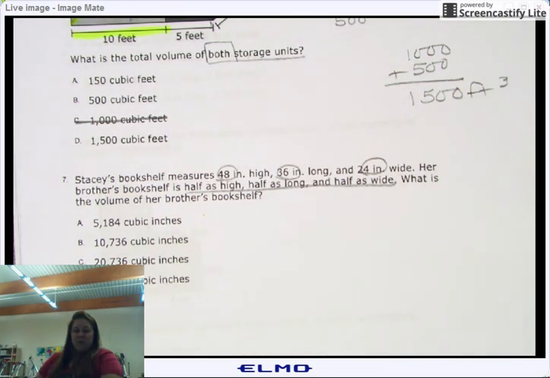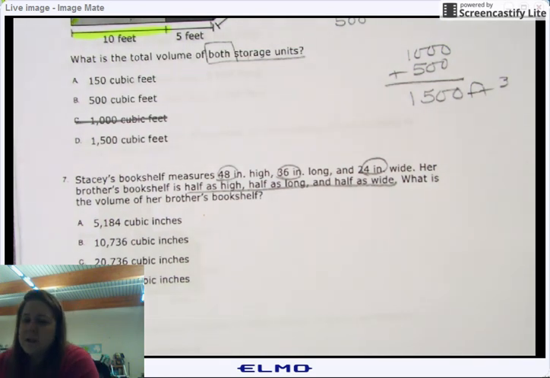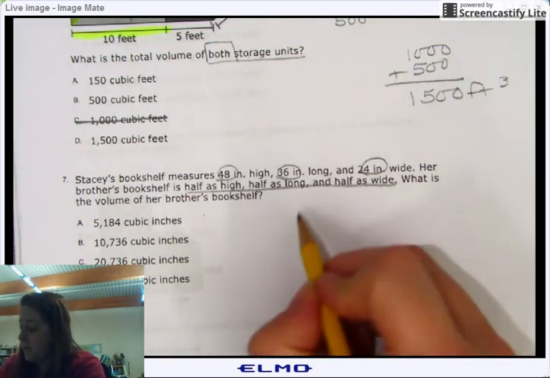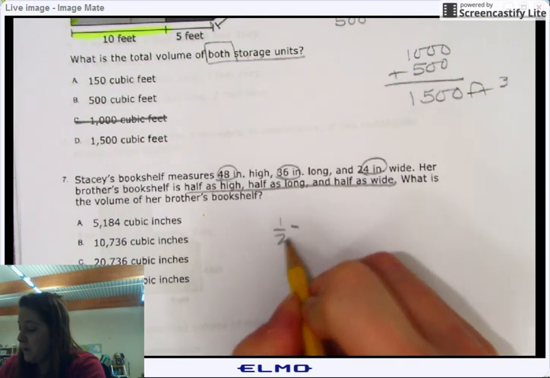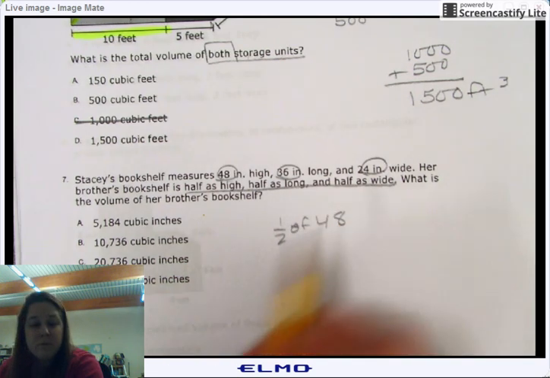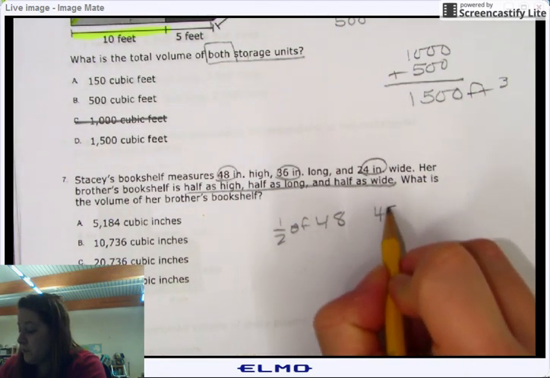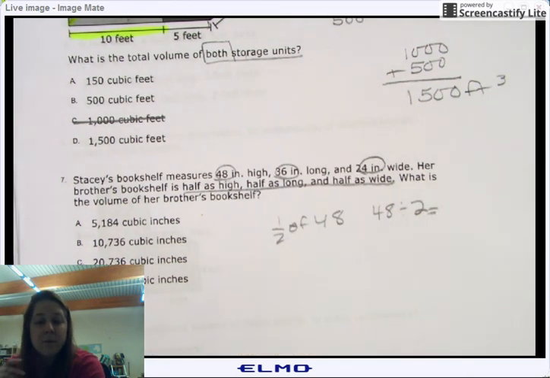So there could be 2 ways to do this. We could find the volume of hers and divide it by 2, or we could cut everything in half right now and then multiply. I'm going to do the latter. I'm going to divide them all in half first, and then I'm going to multiply. So 1/2 of 48, which is the same as 48 divided by 2.